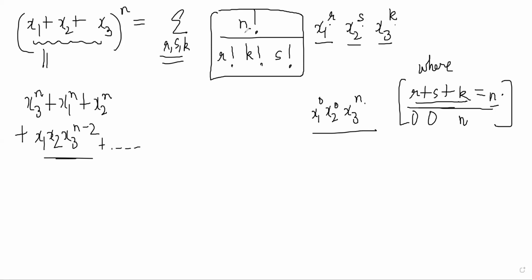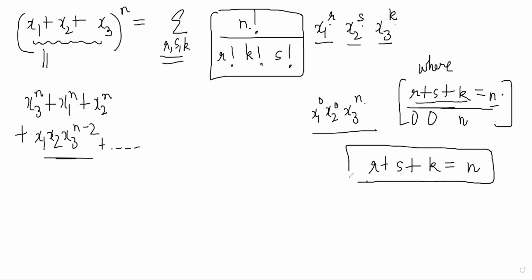And in the next chapter we will learn how many different solutions are there to this equation, like how many solutions are possible to this equation, or in how many different ways can you add r plus s plus k and give n. Once we learn that, then we will be able to say how many such terms will be there.